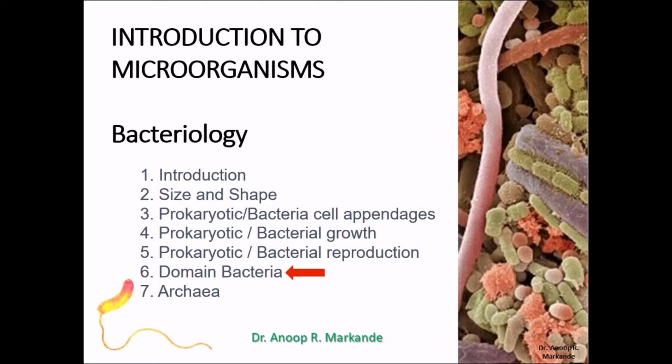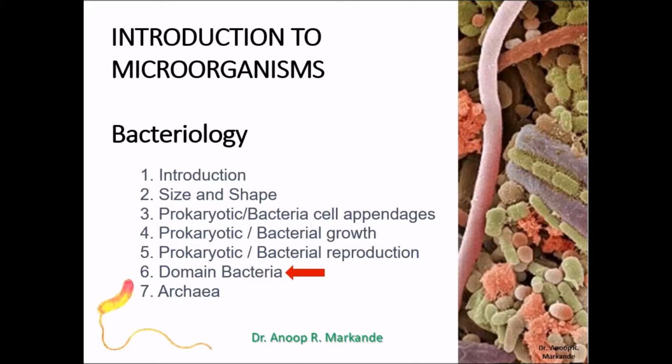In this module, we have finished Introduction, size and shape, prokaryotic or bacterial cell appendages, prokaryotic or bacterial growth, prokaryotic or bacterial reproduction. And we have finished one part of domain bacteria.